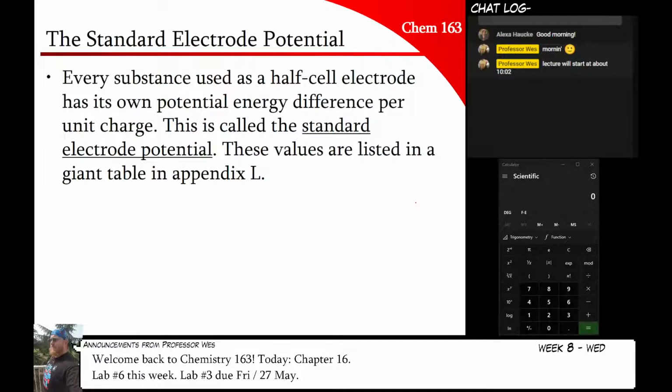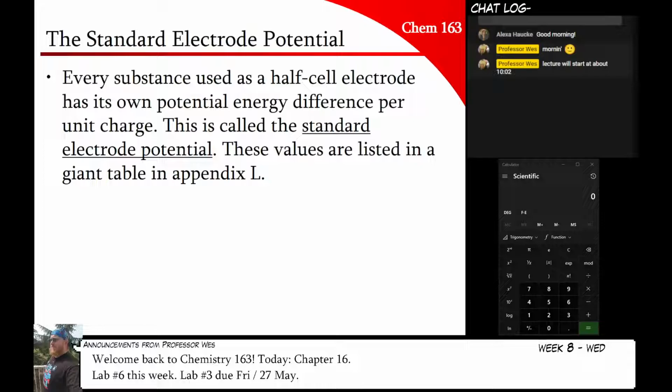All right. Now, this chart that I'm going to show you is a variation of the chart that's in Appendix L of your textbook, so let me actually load that up. The chart that I have is from the textbook that I taught out of before we changed to the OpenStax text. So there will be different numbers on this chart.